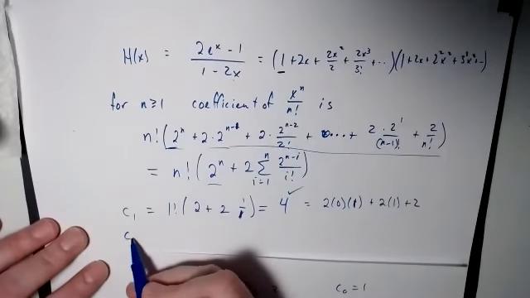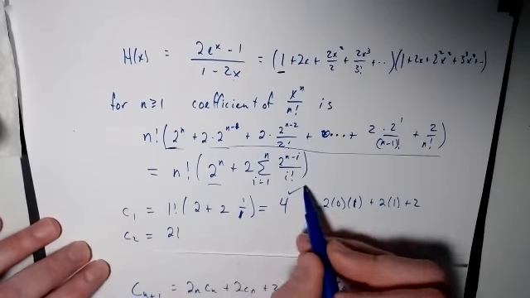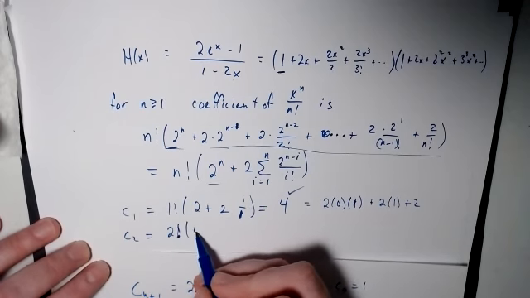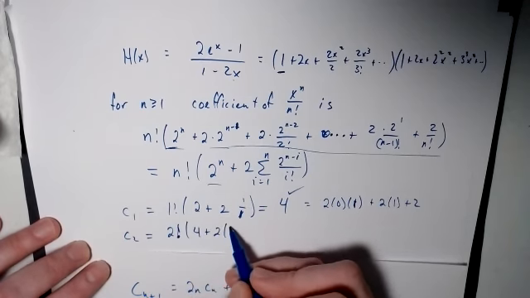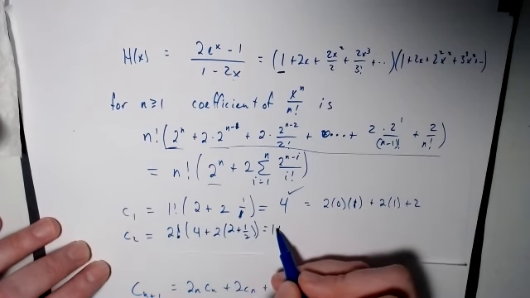And we can check it for C2 while we're at it. So C2, we get 2 factorial from this formula, 2 factorial times 4 plus 2 times 2 plus 1/2, which is equal to 18.